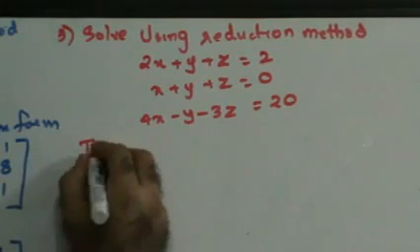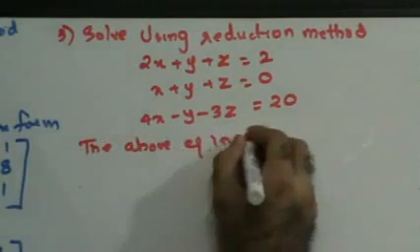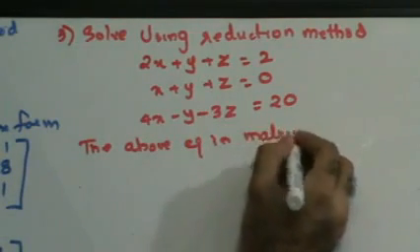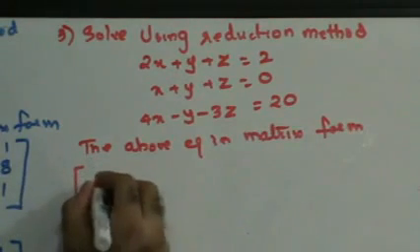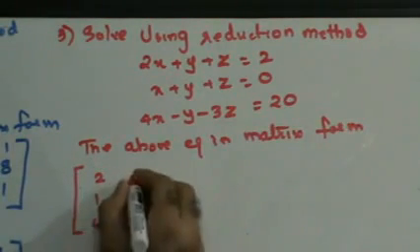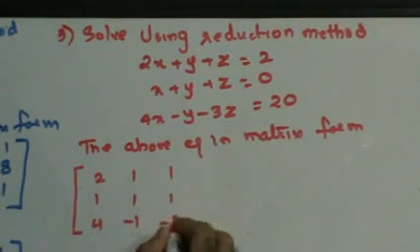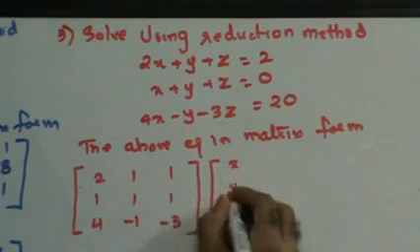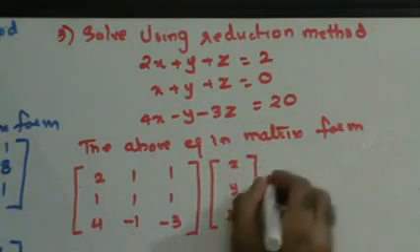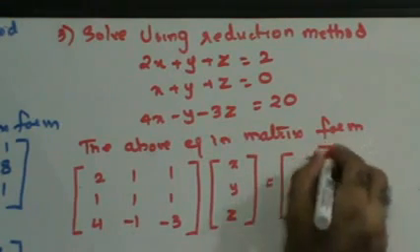So you will say that the above equation in matrix form is [2 1 1; 1 1 -1; 4 -1 -3] times [x y z] equals [2 0 20].